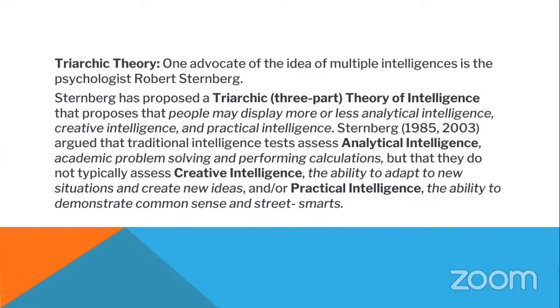The theory was developed by Robert Sternberg, and what he said is that the old intelligence tests used to test analytical intelligence, but they haven't made an effort to understand creative intelligence or practical intelligence. Creative intelligence is the ability to adapt to new situations and new ideas. Practical intelligence we generally call street smarts, because it refers to basic common sense.